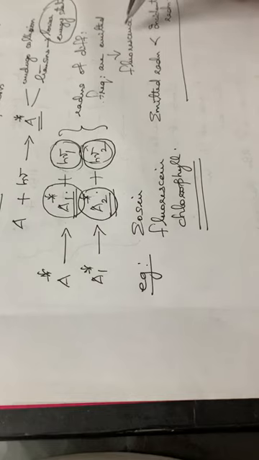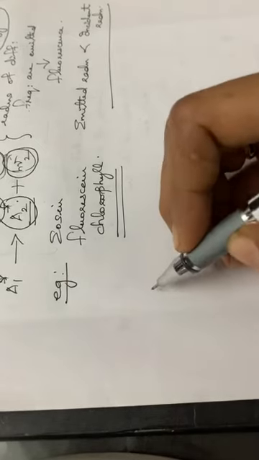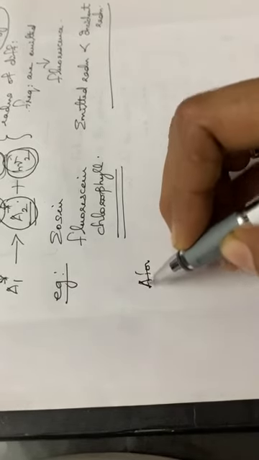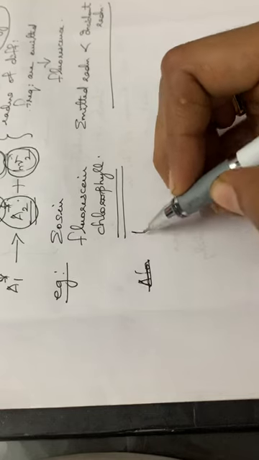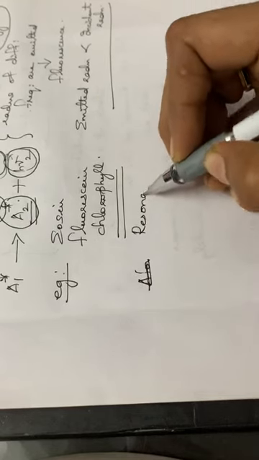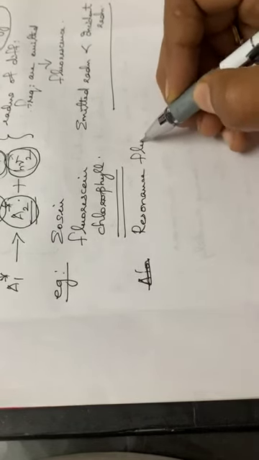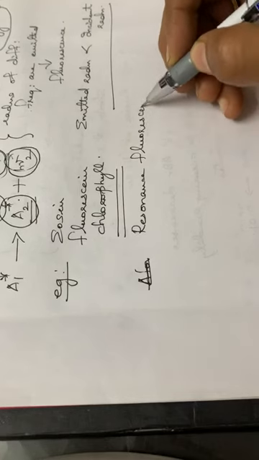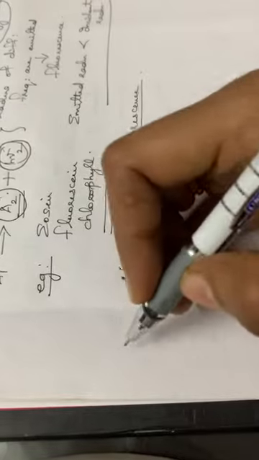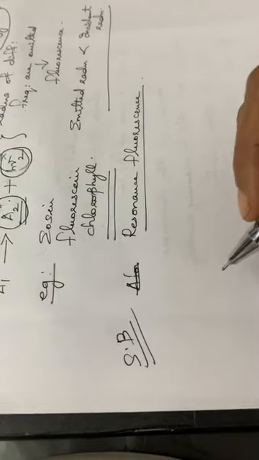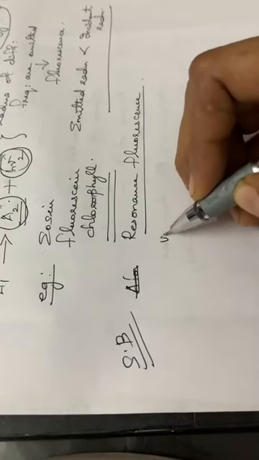The next term is resonance fluorescence. Sometimes it may be asked in the B part, for 2 marks. Usually atoms do not have any vibrational energy.